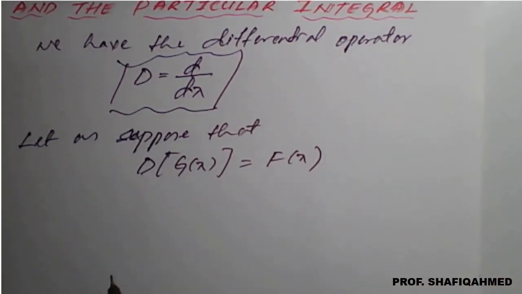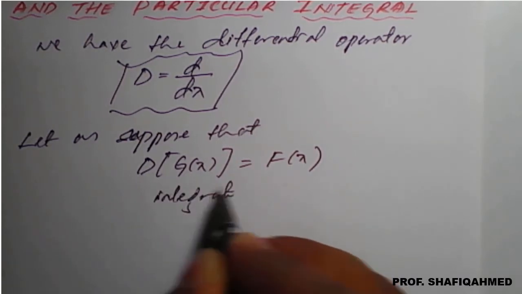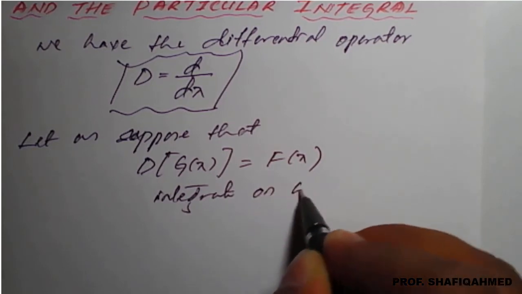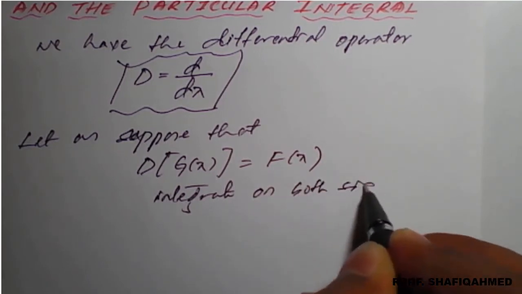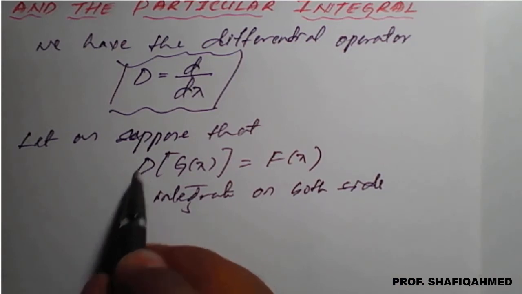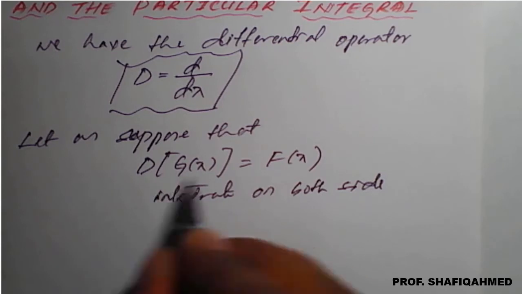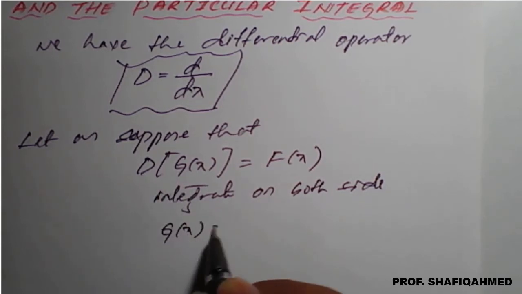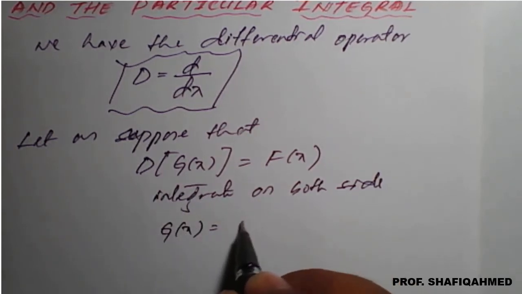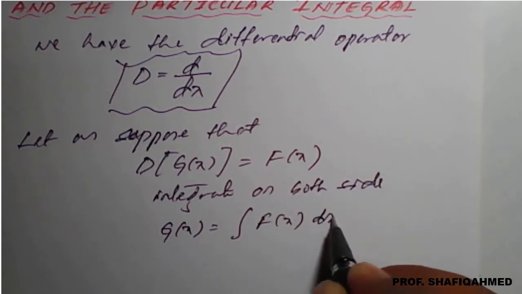So to get an inverse differential operator, integrate on both sides. On integration, differentiation will vanish. So what we are left with is g of x on the left hand side, and on the right hand side the integration of f of x dx.